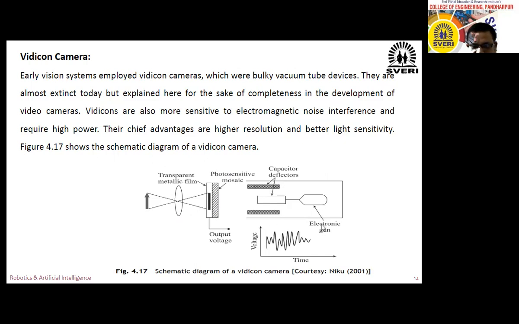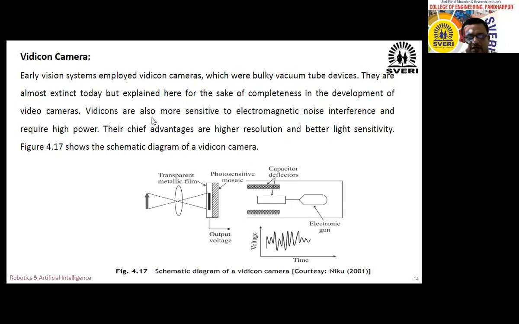This is electronic gun. Now early vision systems employed Vidicon cameras, which are bulky vacuum tube devices. They are almost extinct today, but explained here for the sake of completeness in the development of video cameras.